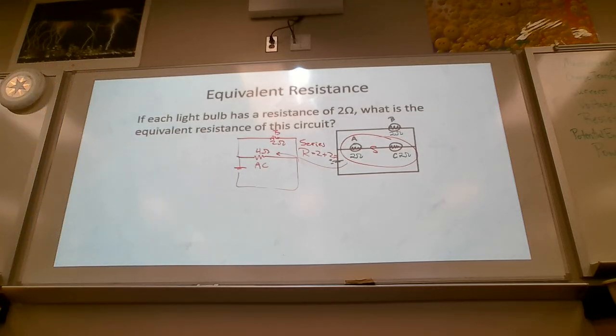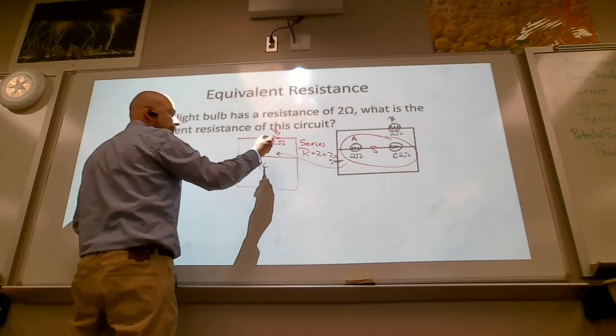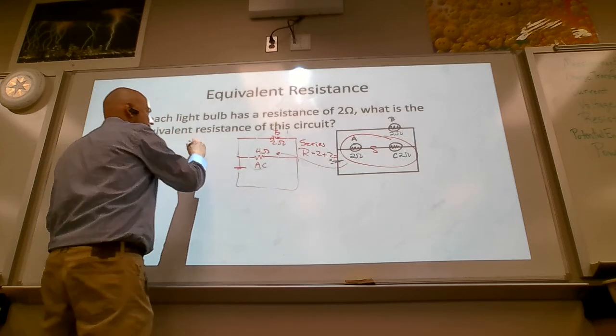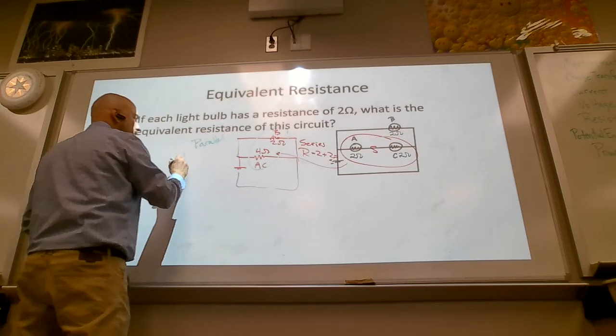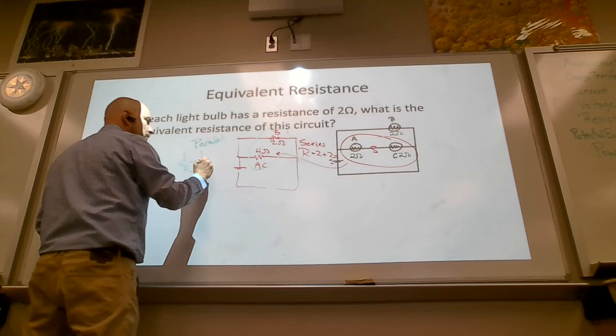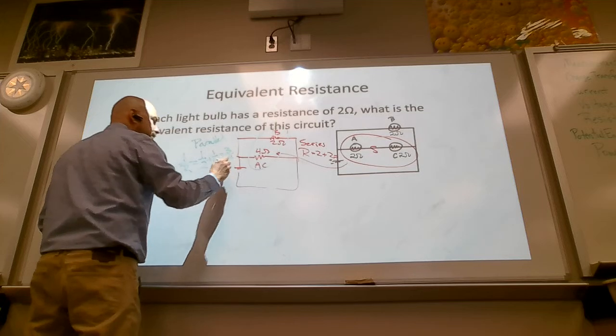If I took out B, AC stays on. If I took out AC, B stays on. So B and AC are wired in parallel. So 1 over R is equal to 1 over 2 plus 1 over 4. That is equal to 3/4.